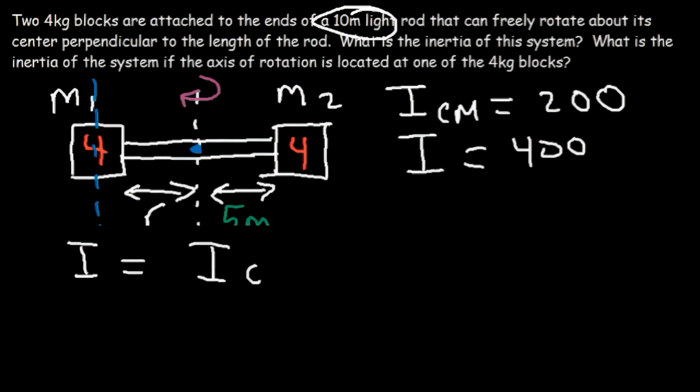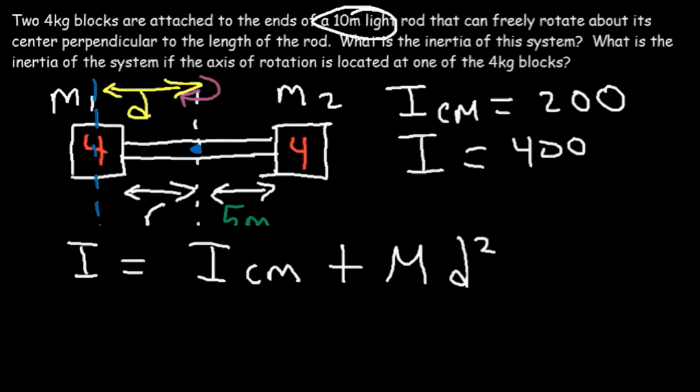It's the inertia when the axis passes through the center of mass plus the total mass of the system times d squared, where d is the distance between the original axis of rotation that passes through the center of mass and the new axis of rotation, which is what we're looking for. So we could see that d is equal to the distance between the two axes of rotation, and so that's 5.